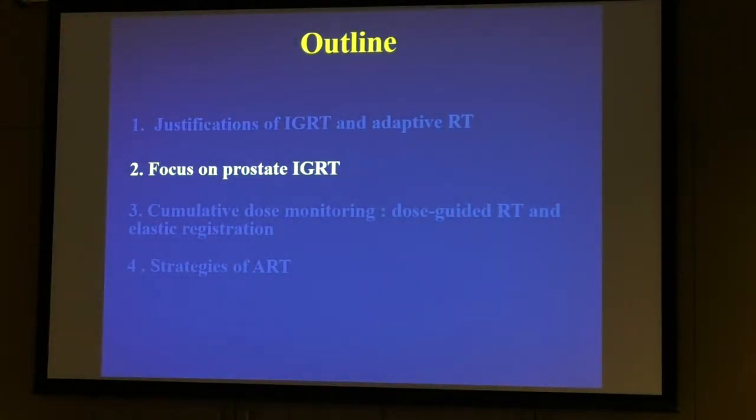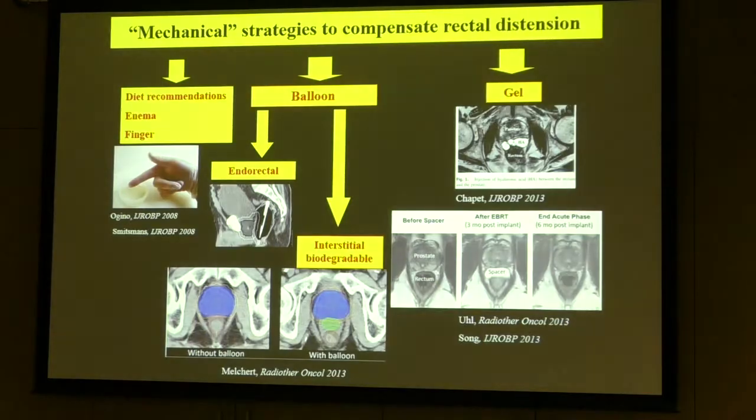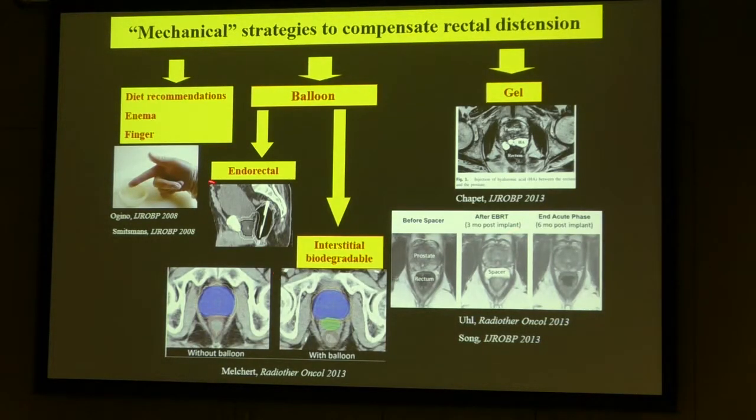I will focus on prostate because this is my main clinical activity. Before the time of all these IGRT devices, there were several ways to try to limit the prostate motion, or even to limit the dose inside the rectal wall, from the simplest ones to, in the past, the rectal balloon, used to try to fix the prostate, which was actually not a very good idea because it was relatively painful.